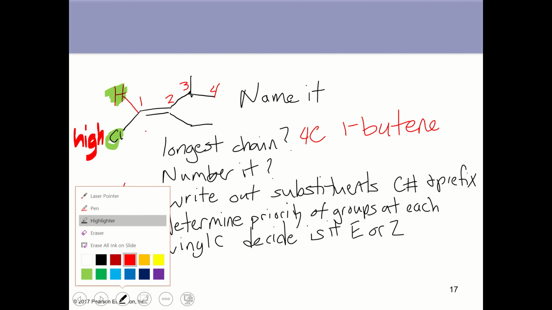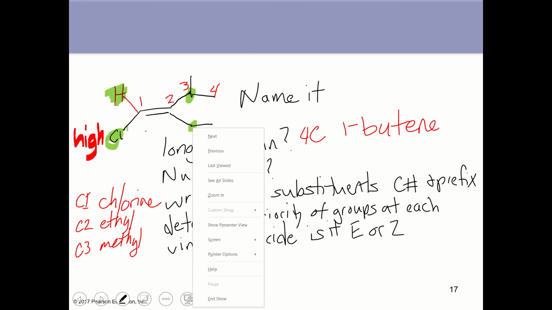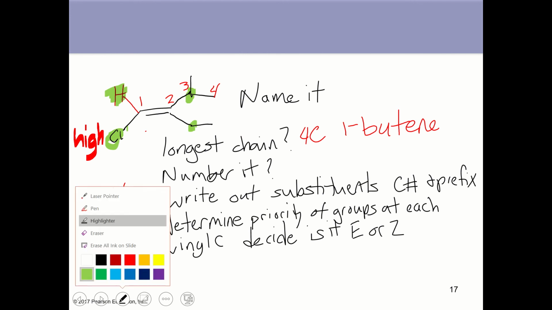Looking at the right vinyl carbon, highlighting in green, the highest atomic number atom is carbon. There's no difference. We need to move forward. What is carbon 3 bonded to? What is the green carbon below carbon 3 bonded to? And make a comparison.